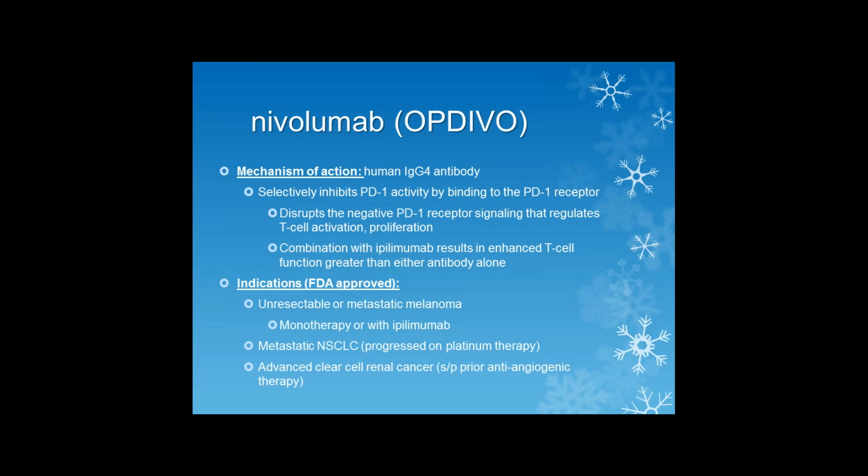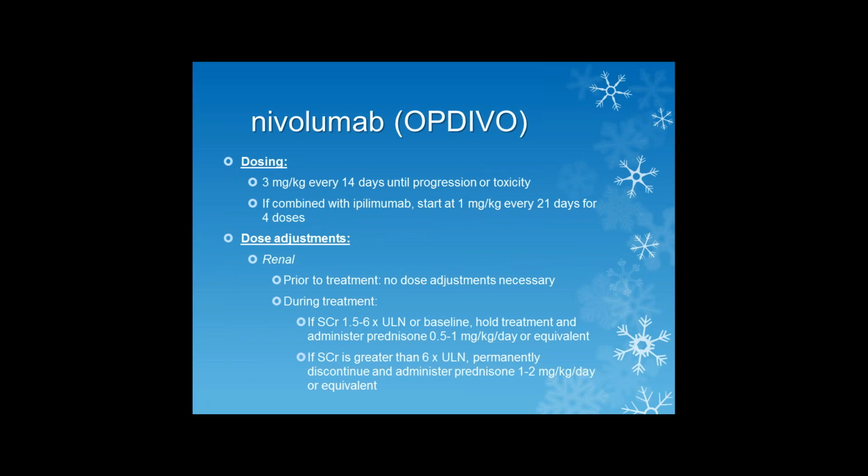FDA-approved indications are melanoma, non-small cell lung cancer, and clear cell renal cancer. Dosing for this is typically 3 mg per kg every 14 days, unless it's used with ipilimumab, then use a reduced dose, so 1 mg per kg every 21 days for the 4 doses, alongside the ipilimumab.